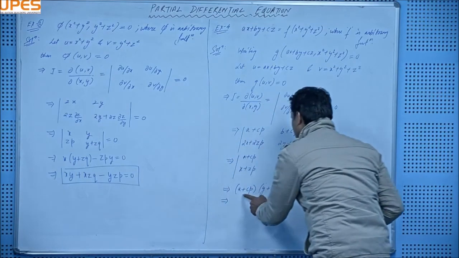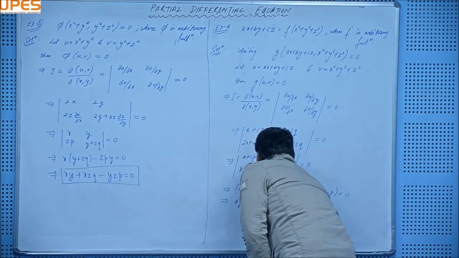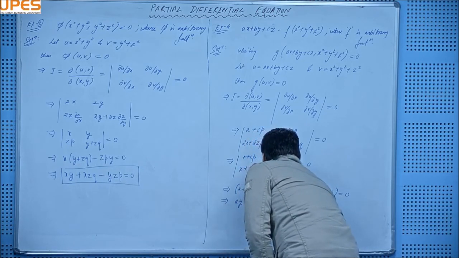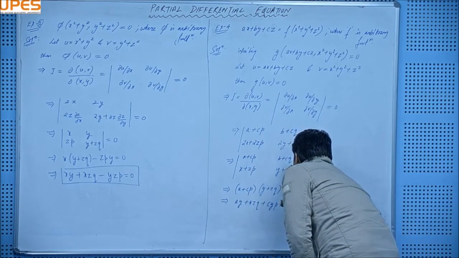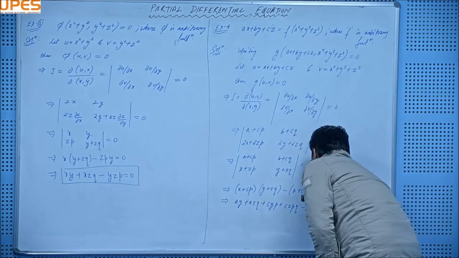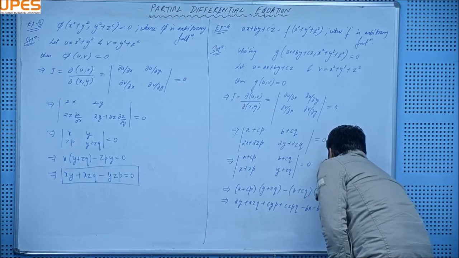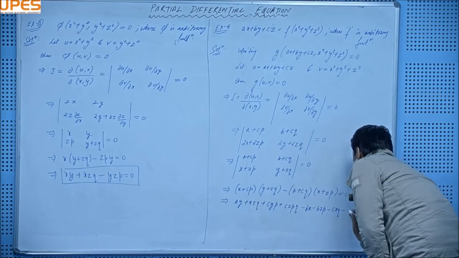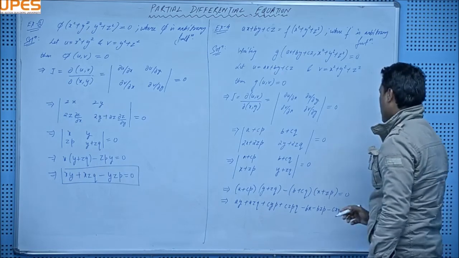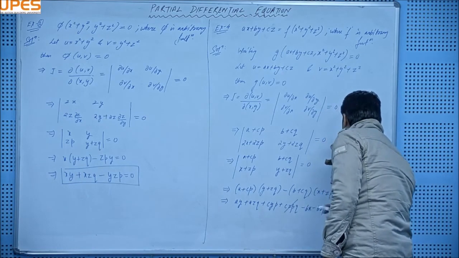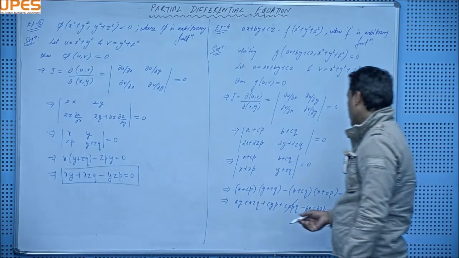Multiplying this, I get ay, then azq plus cyp and plus czpq minus bx minus bzp minus cxq minus czpq equal to 0. This term will be cancelled out, right? Okay, azq, bzp, cyp, right? And we are left with this.